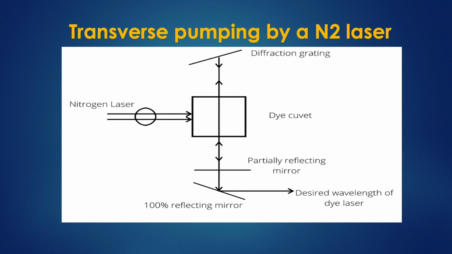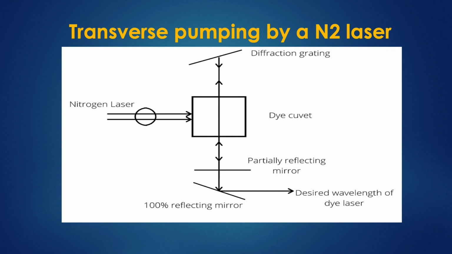The broadband emission will have a spectral width of about 10 nanometers. The 10 nanometer light will be going towards the grating and towards the 100% reflecting mirror also. Then the 100% reflecting mirror will specifically select 1 or 2 nanometers. This 100% reflecting mirror and also the diffraction grating will do the wavelength selection.